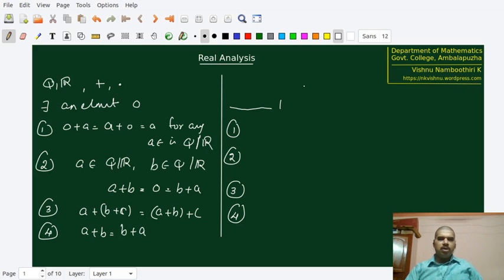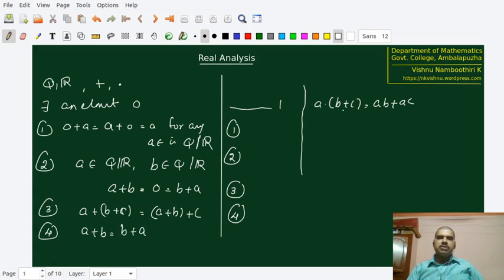Now we have something extra also. That extra condition connects addition and multiplication in the following way: a · (b + c) = ab + ac. This is known as distribution of multiplication over addition, and this is the left distribution.